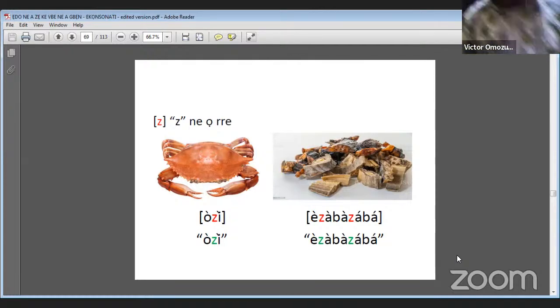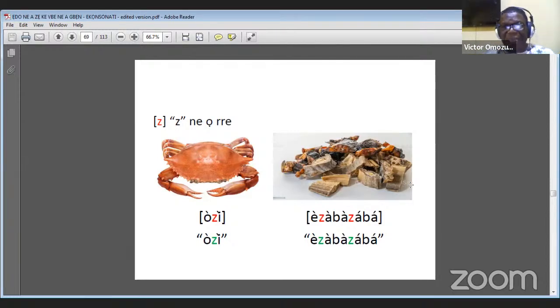Ezabazaba. You can see the picture of stockfish there. Although some people will say abazabaza, the important thing is that the Z is in that word.